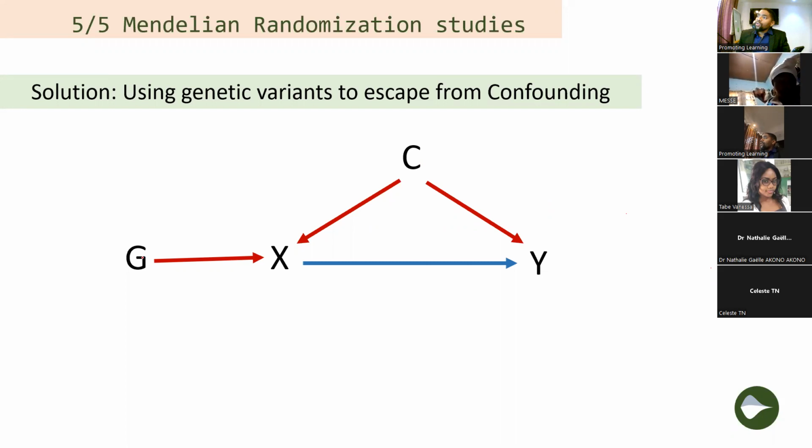But in every individual in the world, there is a random process that took place at some point in their lives. That random process is the building up of your genetic constituents.